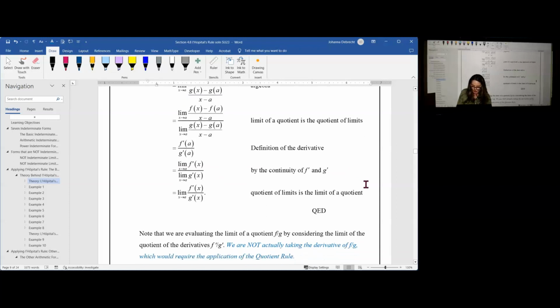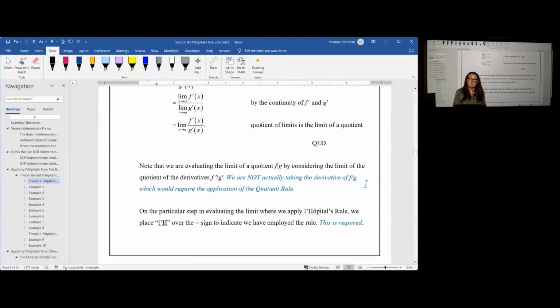Again, note that we are evaluating the limit of the quotient of f and g, their ratio, by instead evaluating the limit of their derivatives, f prime divided by g prime. We are absolutely not applying the quotient rule. That would be f prime g minus g prime f over g squared.